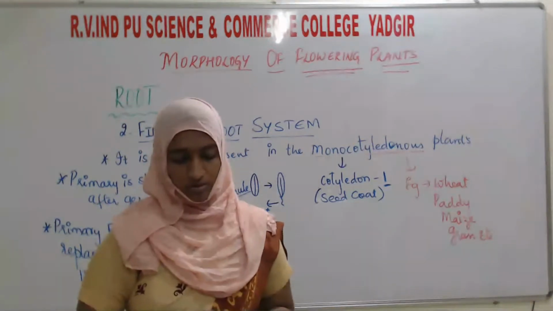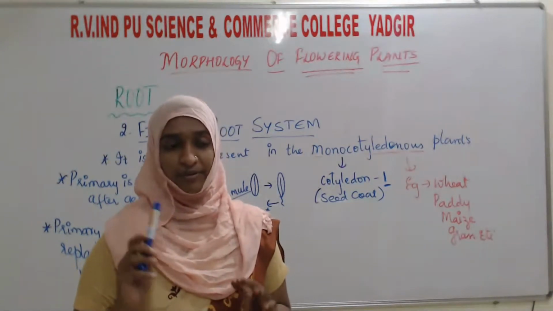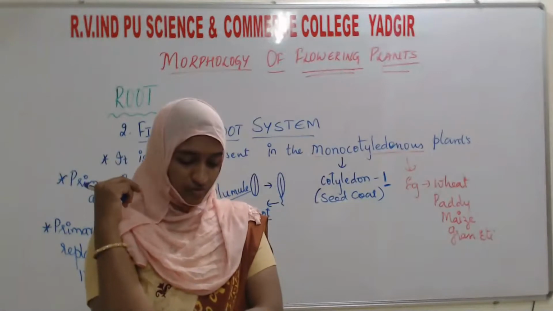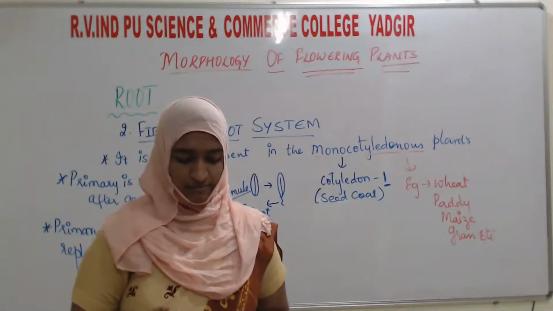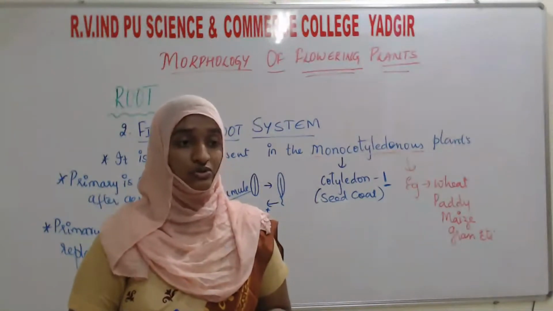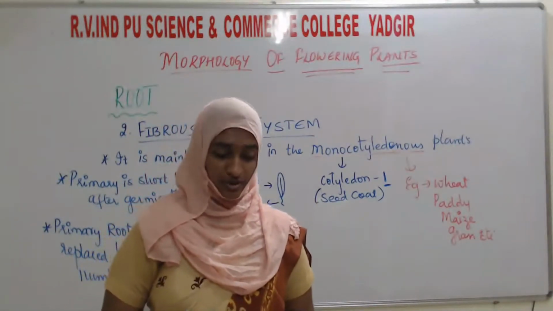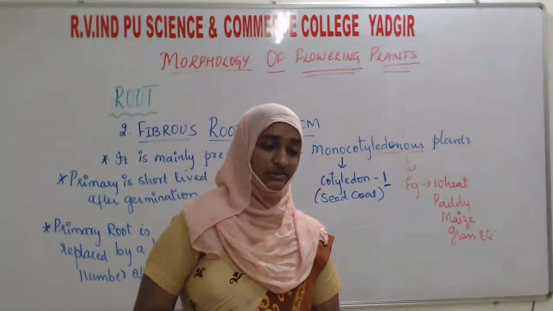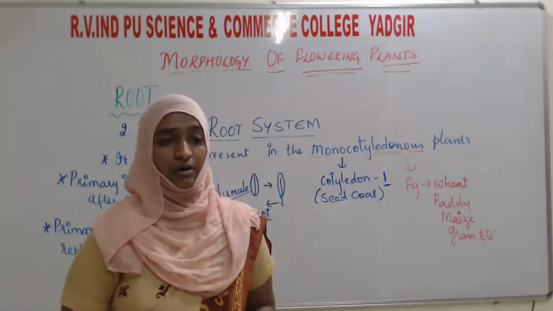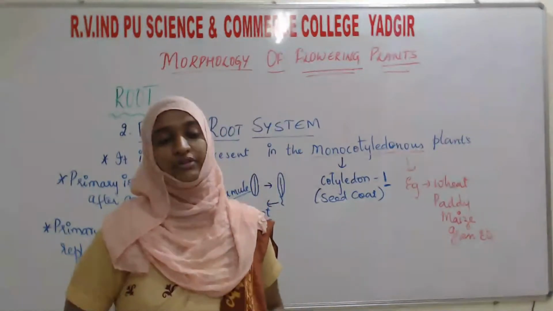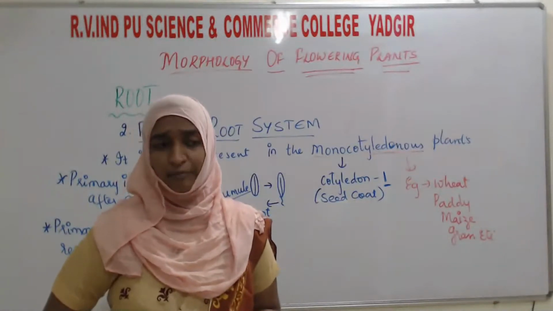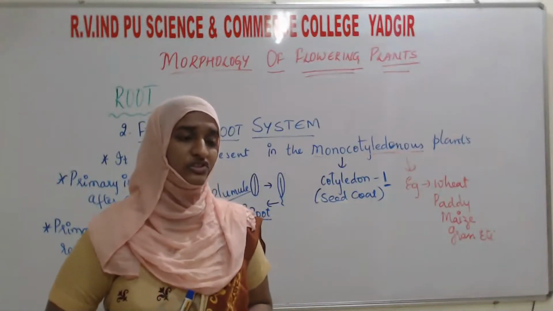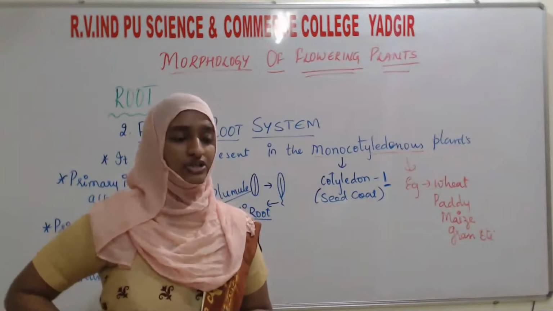What are the functions of roots? Absorption of water and minerals, providing support to the plant, food storage, and hormone synthesis. These all are the functions of roots. The taproot system and the fibrous root system perform their functions in this way.